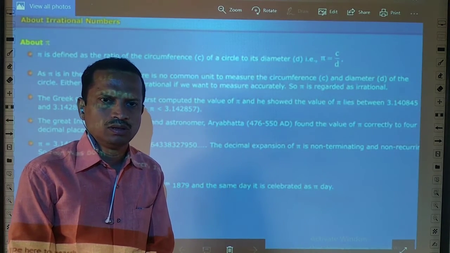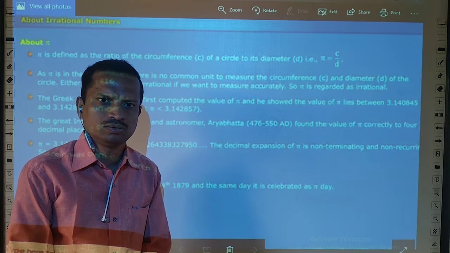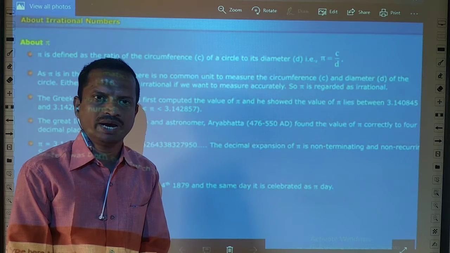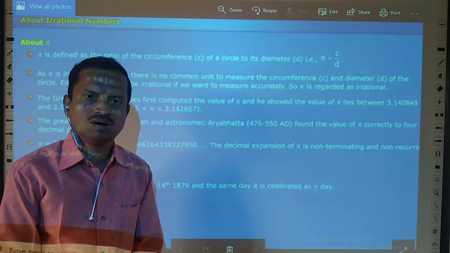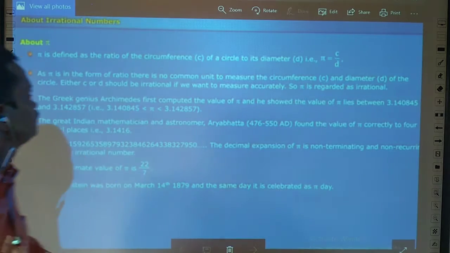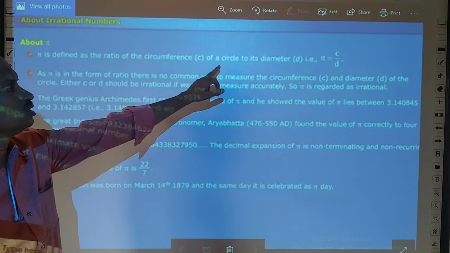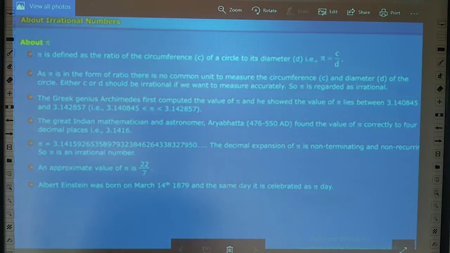Now, what about the value of pi? You always use the value of pi in measurement. But is it rational or irrational? Let us see that. About irrational numbers, that is about pi. Pi is defined as the ratio of the circumference of a circle to its diameter.